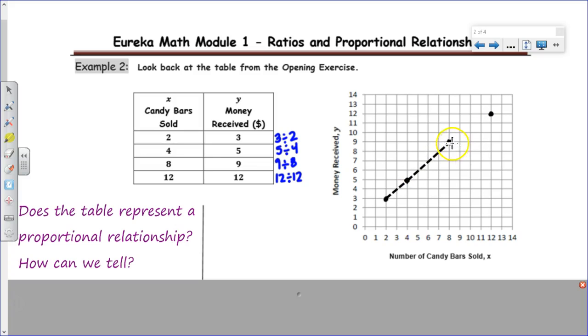And I can tell that they're kind of like different steepness. That's not a straight line. And if I kept it going, it doesn't look like it's going to go through 0, 0. Even though 0, 0 could be a point, this does not make a straight line. Okay, so does this table represent a proportional relationship? The table is no, because there is no constant multiple.